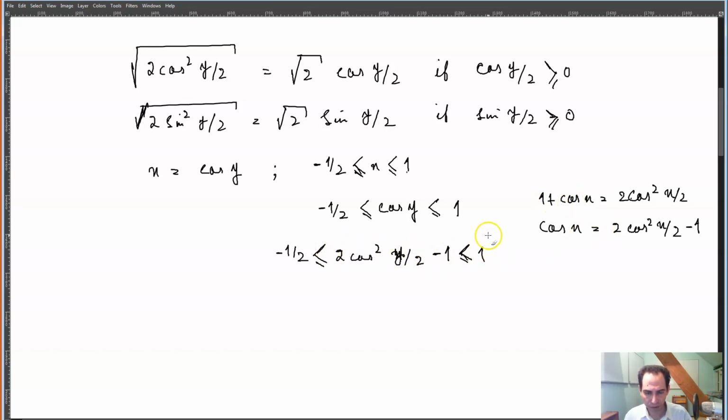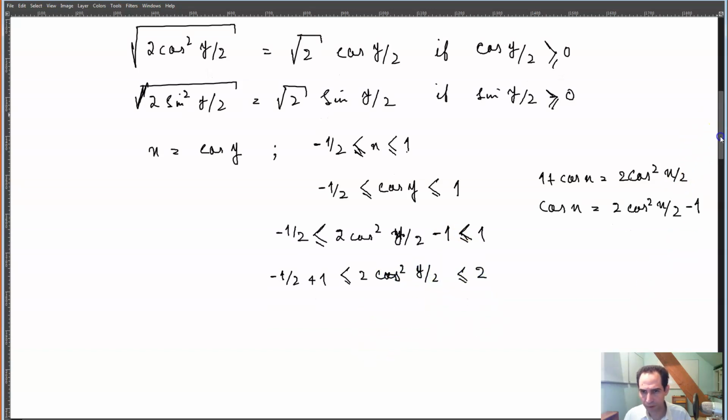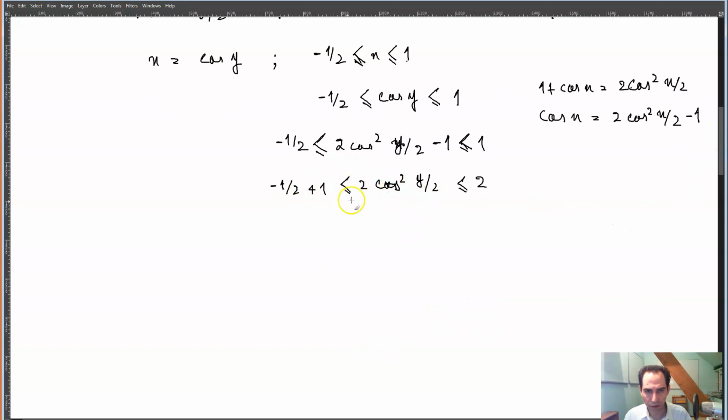So this way we will run into problems, because suppose that I add 1 to all sides of this inequality, I will get negative 1/2 plus 1 is less than or equal to 2 cos squared y divided by 2 less than or equal to 2, for example. And when I divide by 2, I'll get negative 1/2 plus 1 divided by 2 is less than or equal to cos squared of y by 2 less than or equal to 2 divided by 2 is equal to 1.